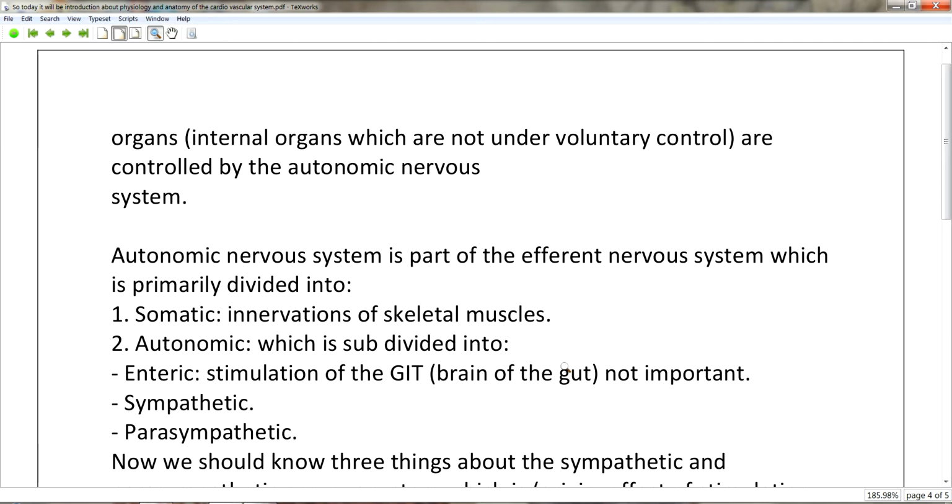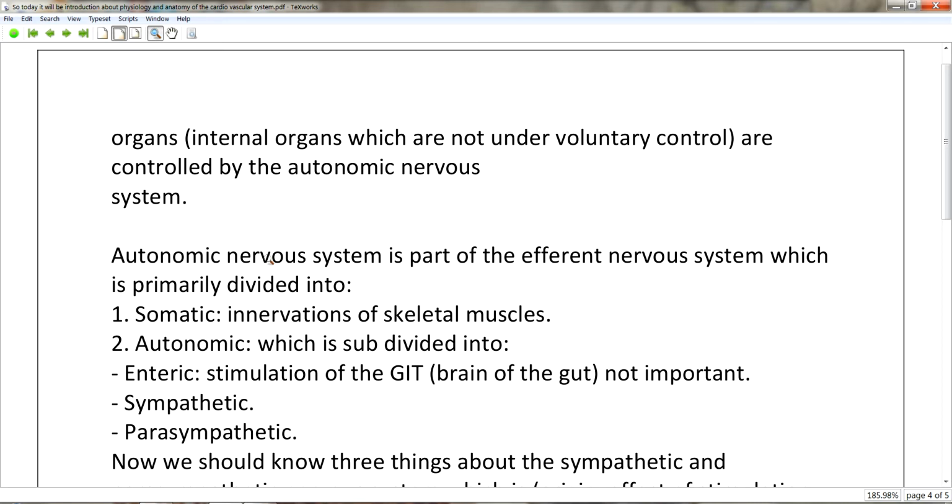All visceral organs, internal organs which are not under voluntary control, are controlled by the autonomic nervous system. The heart is not controlled by the autonomic nervous system, it is affected by it.